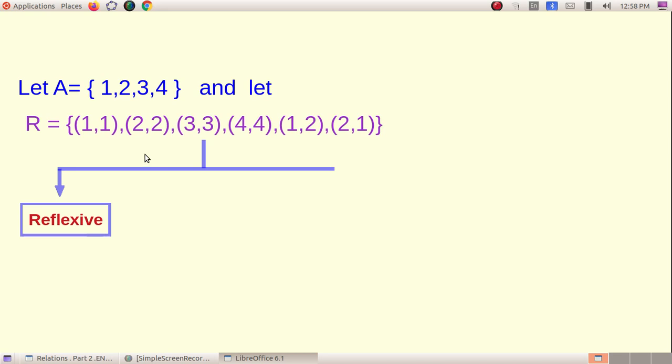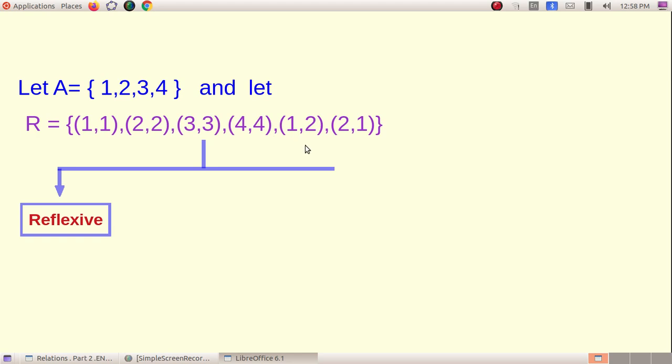What about the symmetry? Is this relation symmetric? To check it, we have to check each ordered pair. Suppose this is (a, b). (a, b) belongs to R. Then what is (b, a)? It is again (1, 1). (b, a) belongs to R. (2, 2), the reverse element (2, 2) is again in R. (3, 3), (4, 4) are clear. Its reverse elements belong to R. What about (1, 2)?